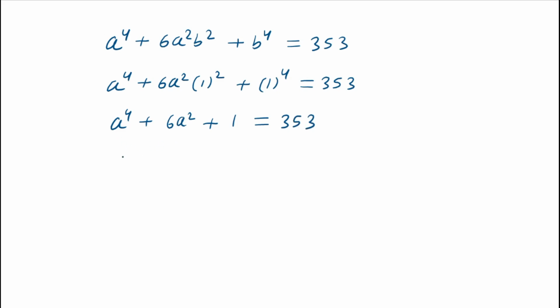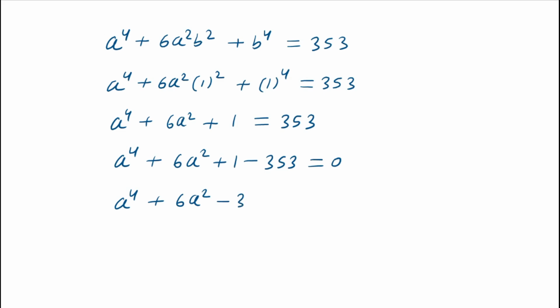If we take all the expressions on the same side, a^4 + 6a^2 + 1 - 353 is equals to 0. a^4 + 6a^2, this is plus 1 and here minus 353, this is minus 352, and this is equals to 0.